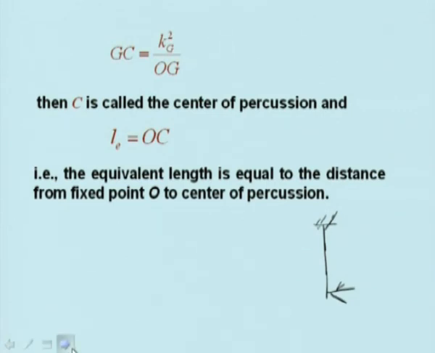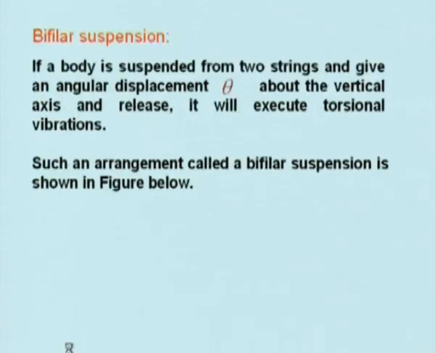Now we will discuss another problem. We discussed bifilar suspension. If a body is suspended from two strings and given an angular displacement theta about the vertical axis and released, it will execute torsional vibration.